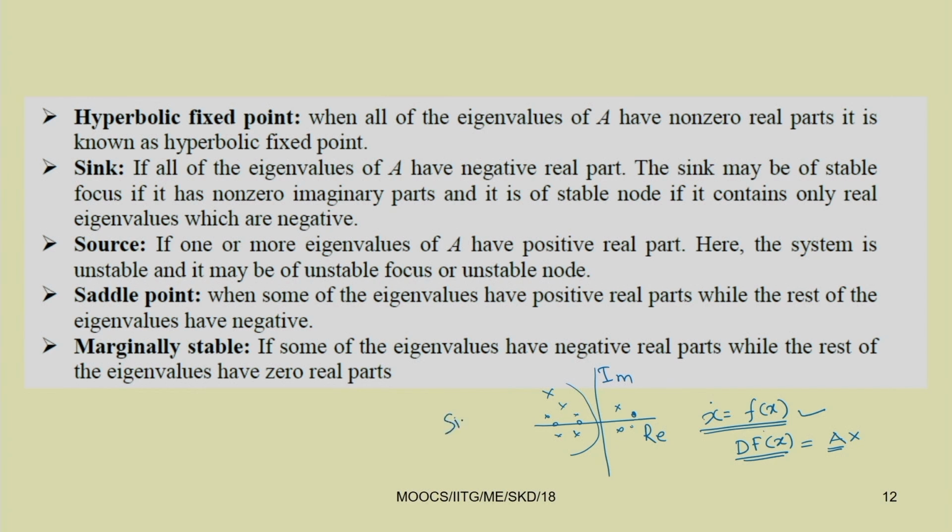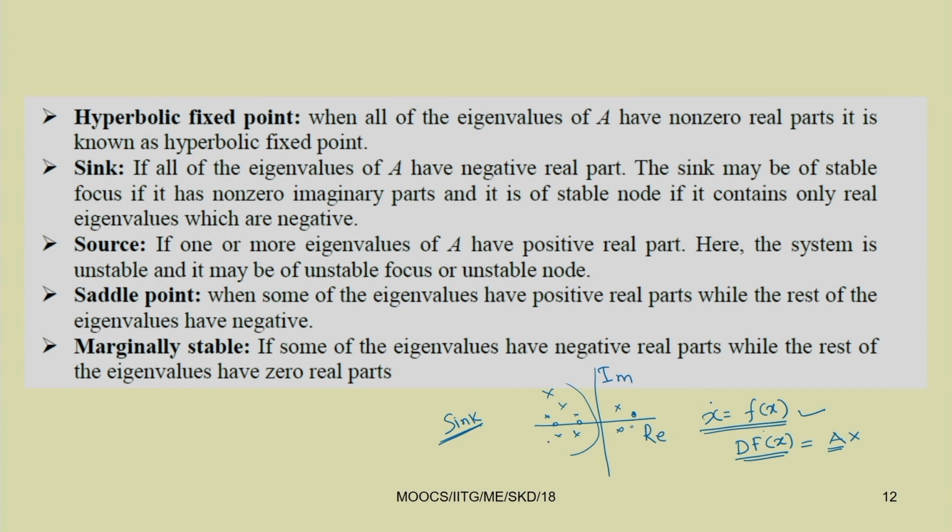That means if they have negative real parts, the system is stable. If the system is stable, it is known as a sink. The sink may be a stable focus if it has non-zero imaginary parts, and a node if it contains only real eigenvalues which are negative.